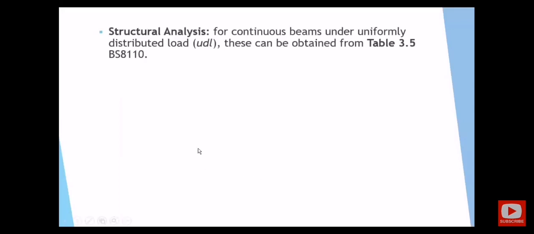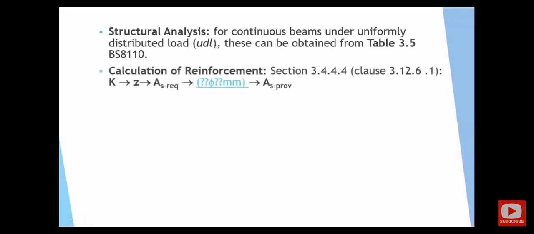Okay, once you have the loads on the beams, you go to the step of the structural analysis. For structural analysis of continuous beams under uniformly distributed load, we can use table 3.5 that we saw a few minutes ago. In this case, you will be able to find the moment and the shear.